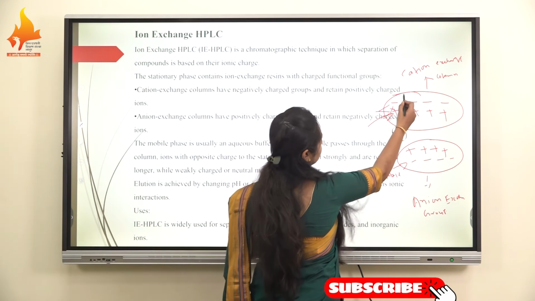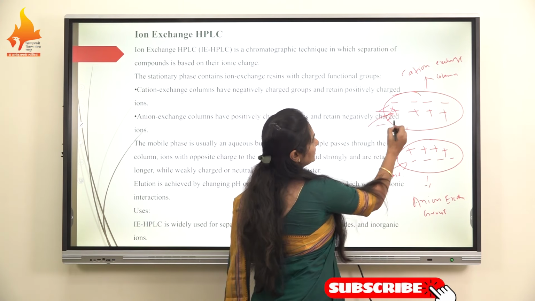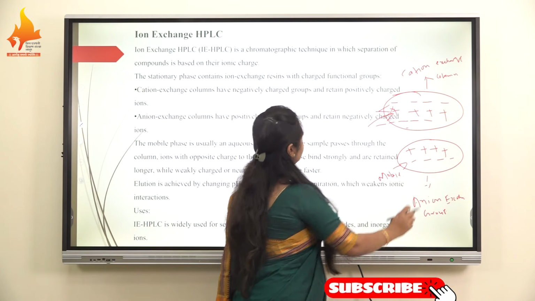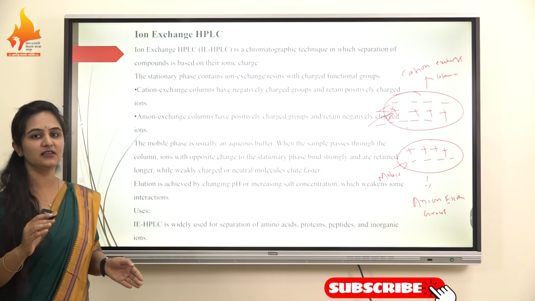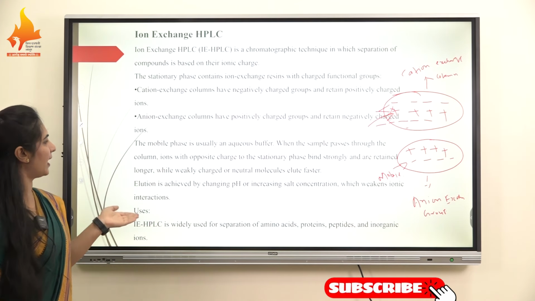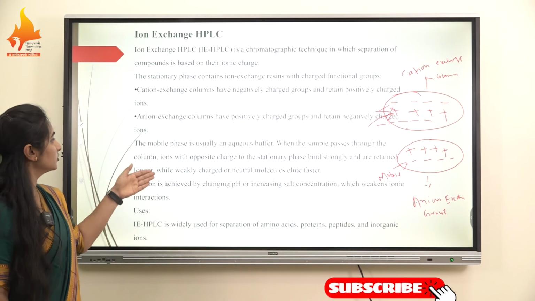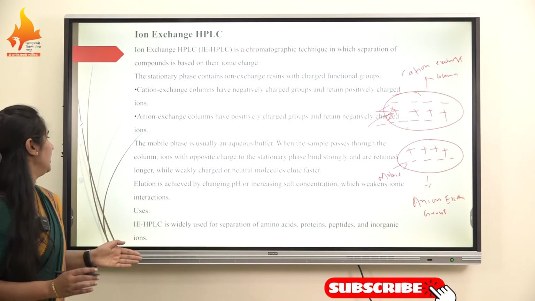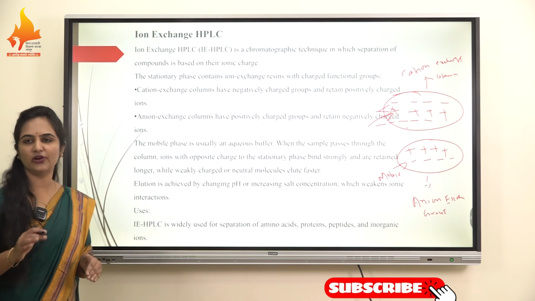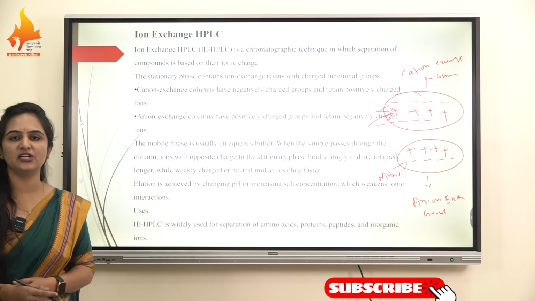For example, in a cation exchange column, negatively charged ions elute faster because they have the same charge. Elution is controlled by changing the pH and increasing the salt concentration.